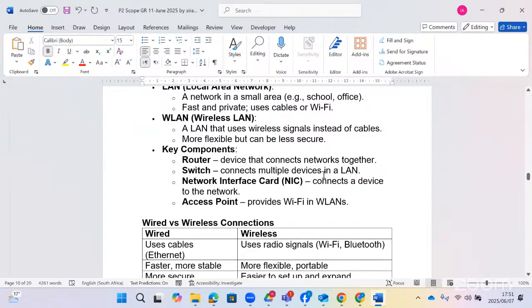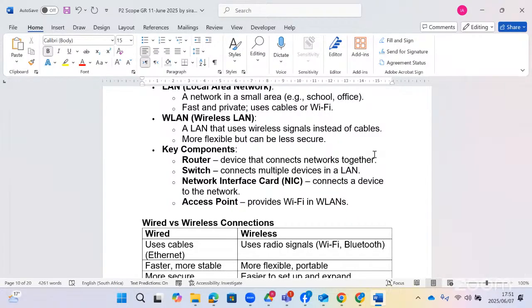And then also, key components of a network. Whenever you are setting up a network, what are the key components? Like a router, which is a device that connects networks together. So if you have one network combining with another network, you need a router.